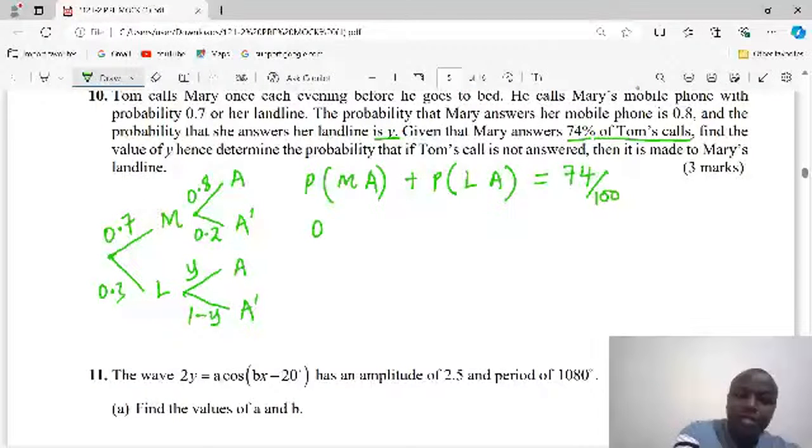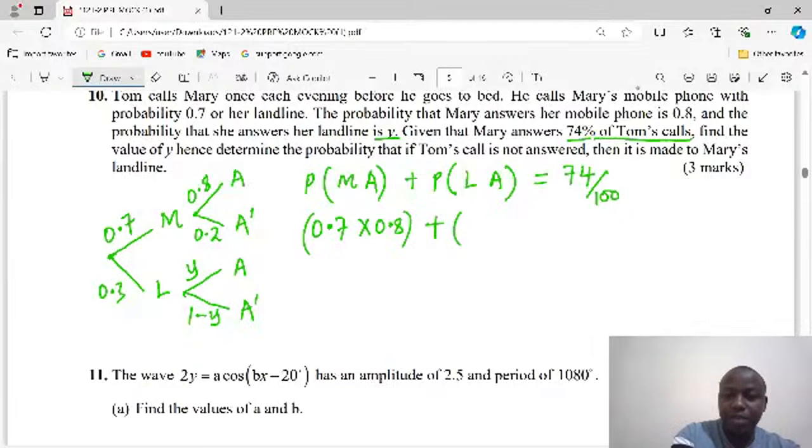0.7 by 0.8, which means plus, when we are dealing with a probability, 0.3 by Y. This should give us 0.74.